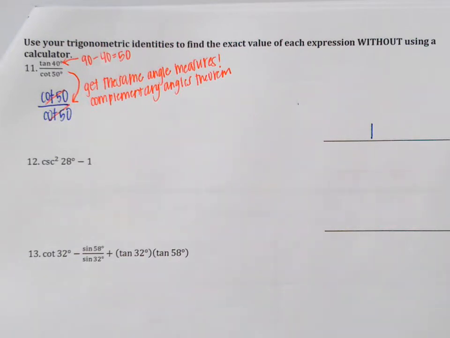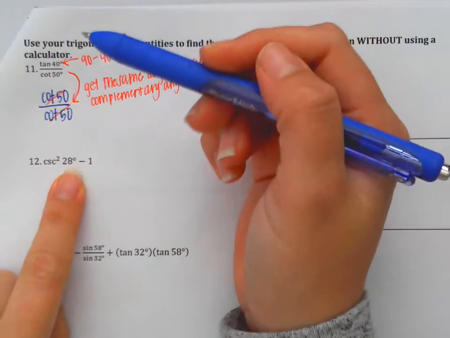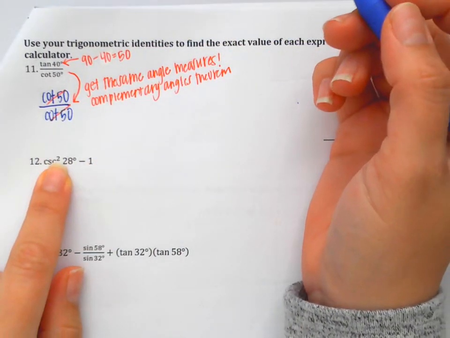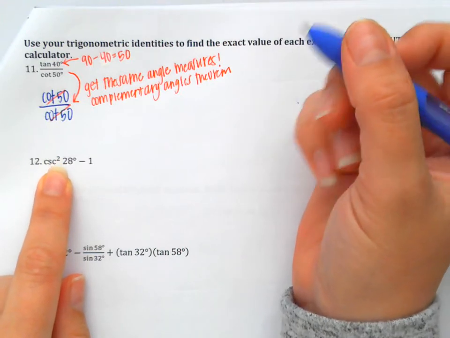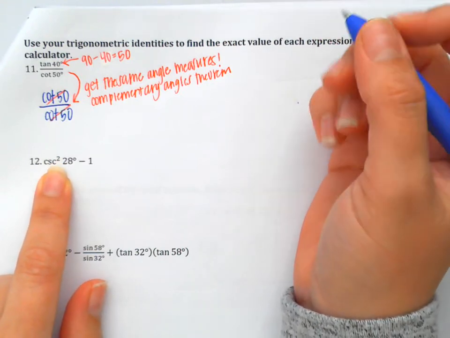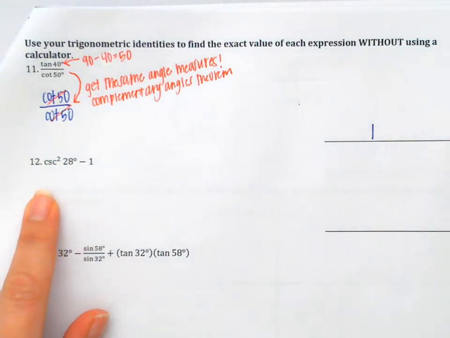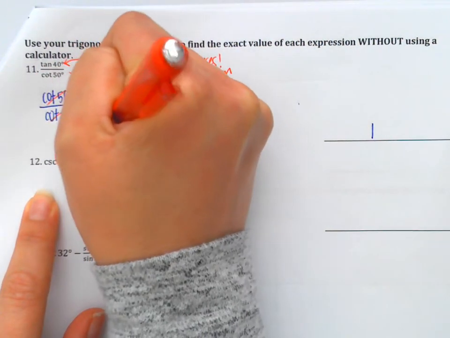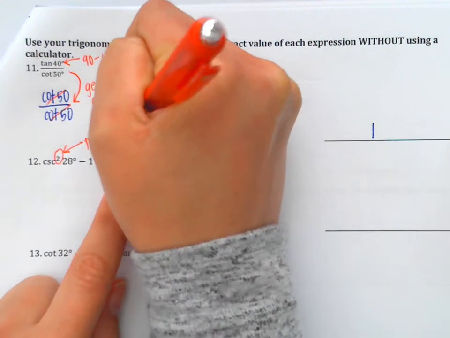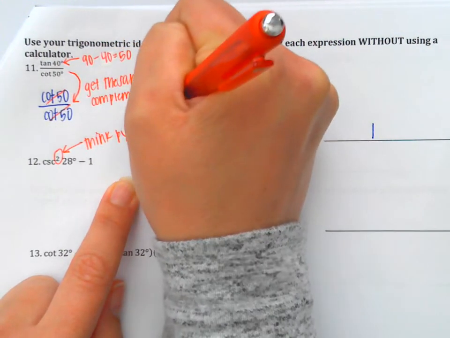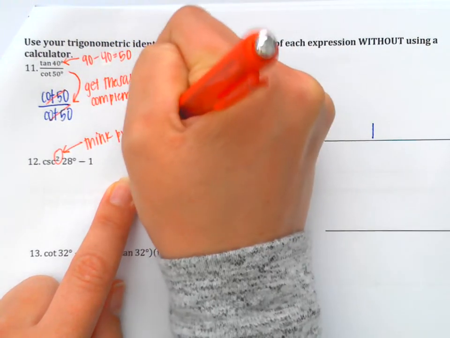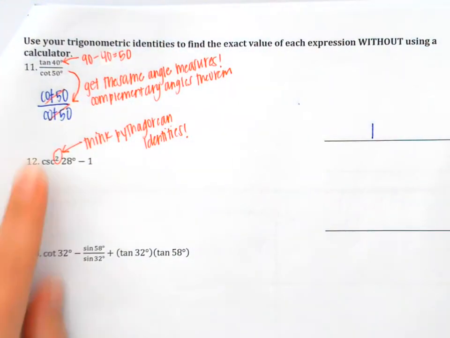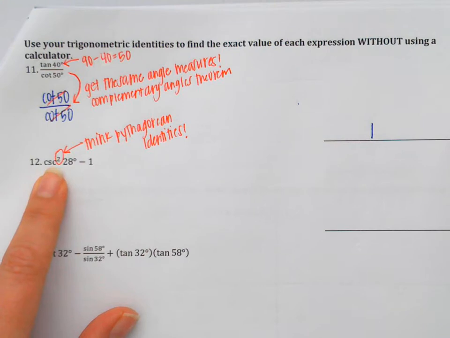We don't have to worry about the same angle measures because 28 and this doesn't even have a trig function. But what we do have to start thinking about is our Pythagorean identities. So whenever I see a square, that's always an indicator. Think Pythagorean identities. I don't actually have the ones with cosecant memorized.